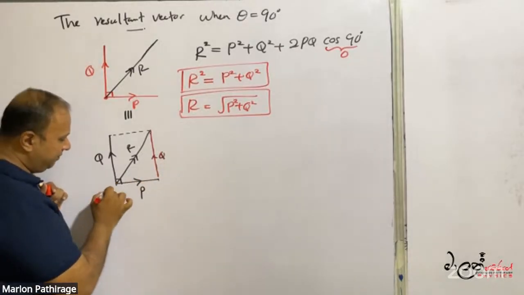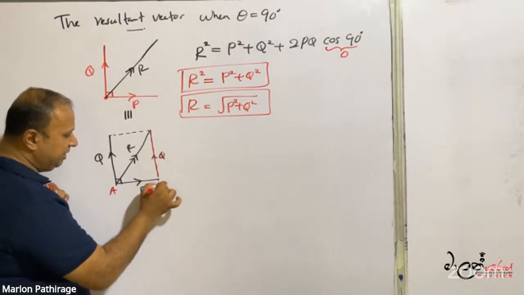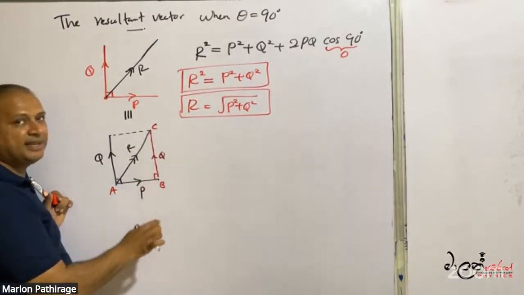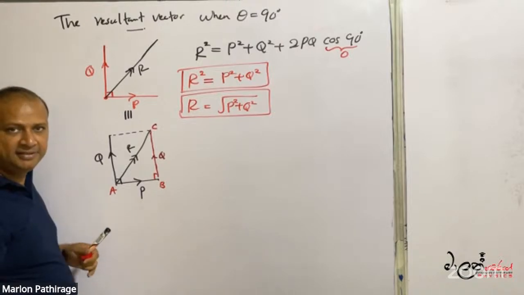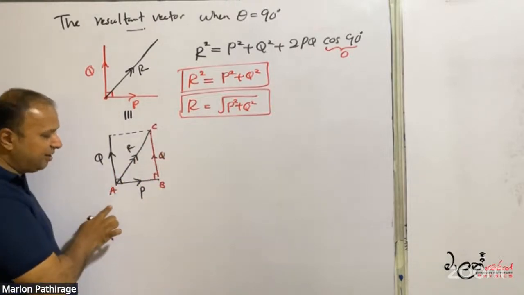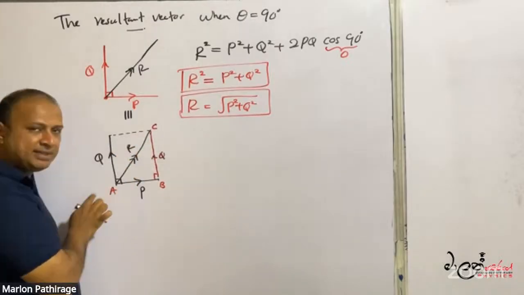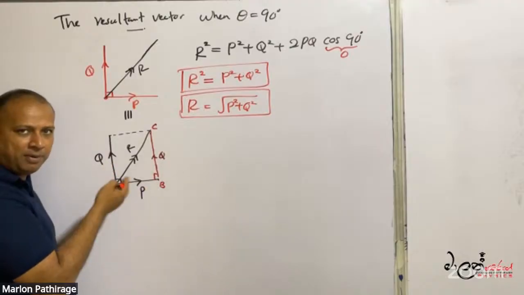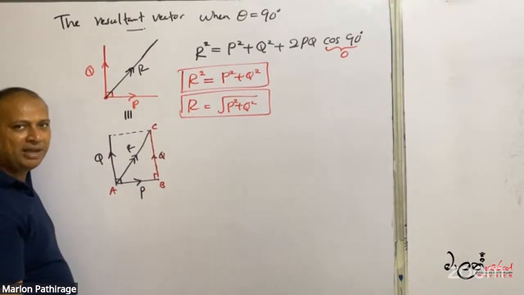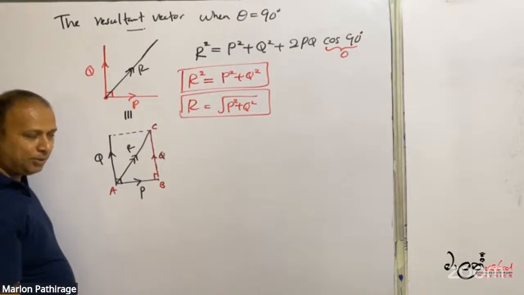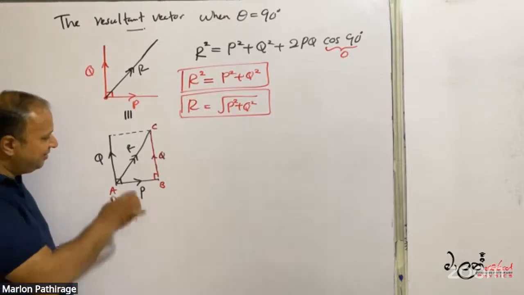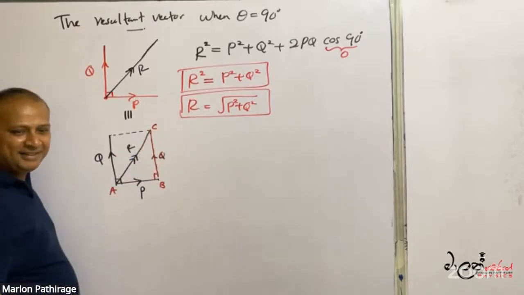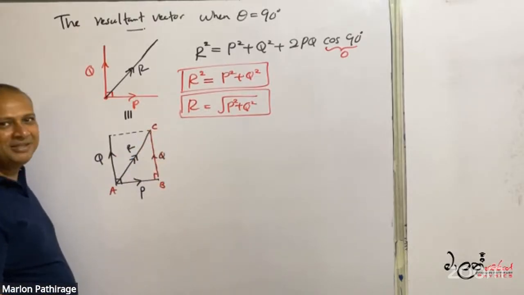Therefore, if you consider this ABC triangle, ABC triangle is a right angle triangle, and AC is the hypotenuse of the right angle triangle. Therefore, if you apply Pythagoras theorem to this triangle, R squared is equal to P squared plus Q squared.